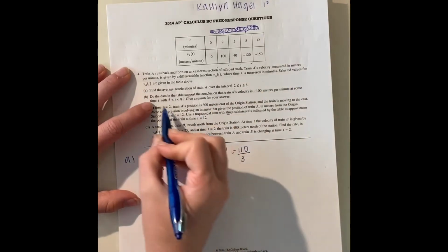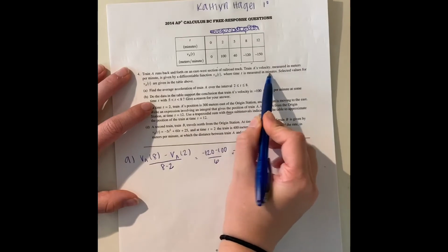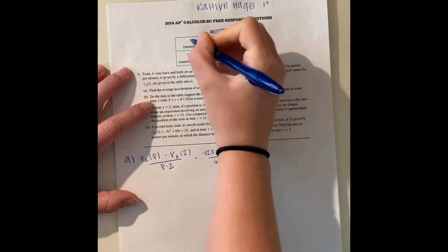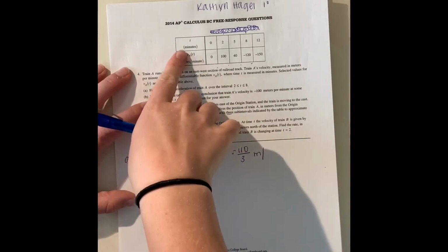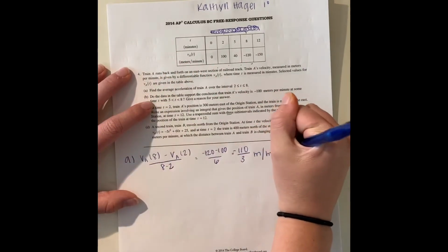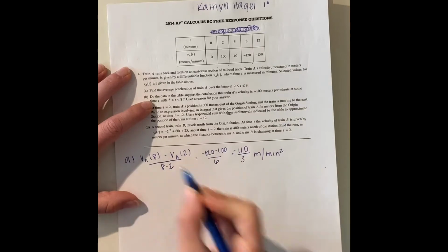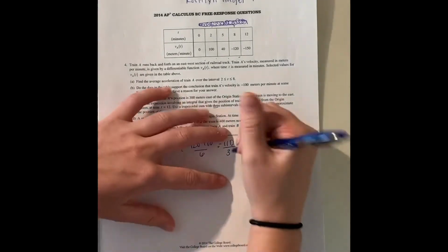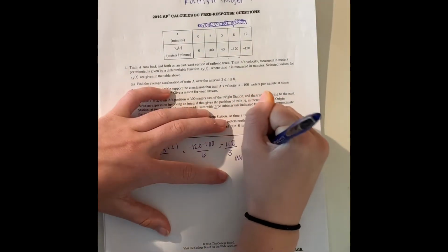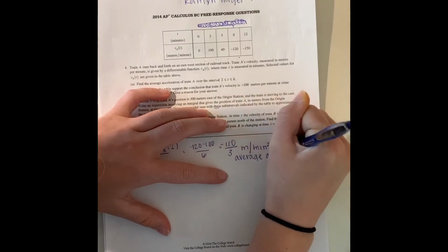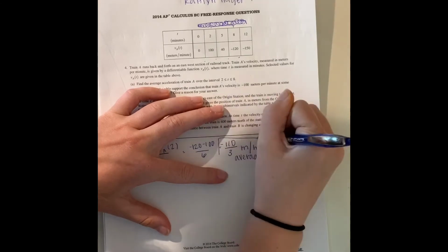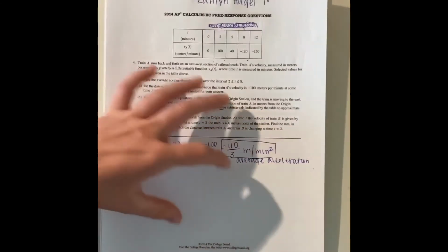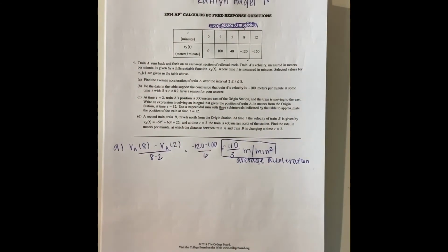And the units are meters per minute squared because of acceleration. So the average acceleration is negative 110 over 3 meters per minute squared.